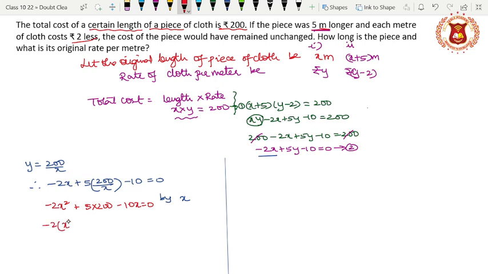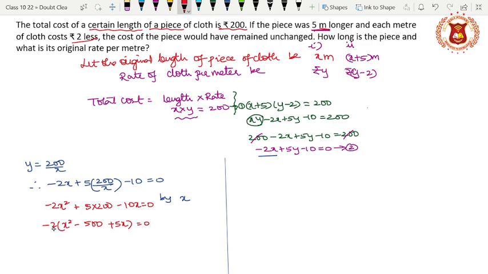What is left here? X square plus 5 into 200 is 1000. Now 1000 by 2 is what here? 1000 by 2 is 500. But since I am taking minus 2 as a common here, it will get minus 500 plus 5x, right, is equal to 0.